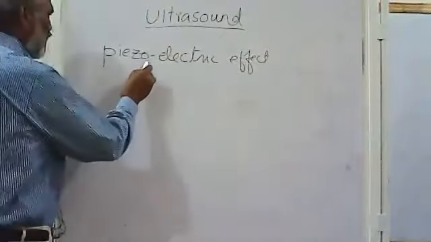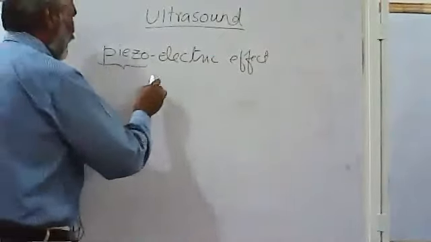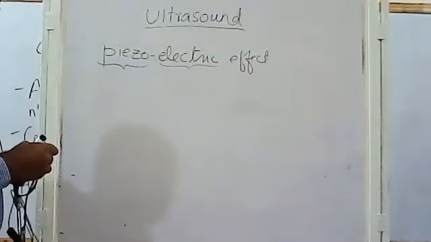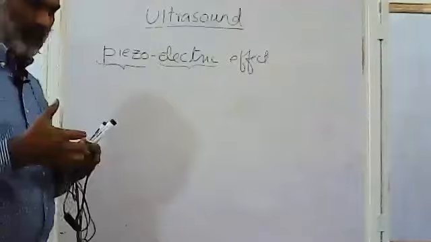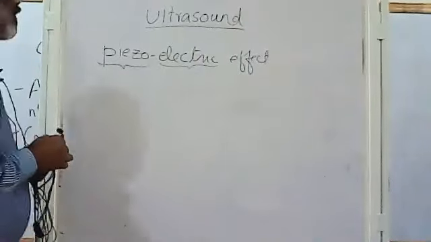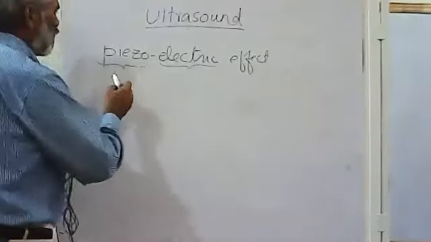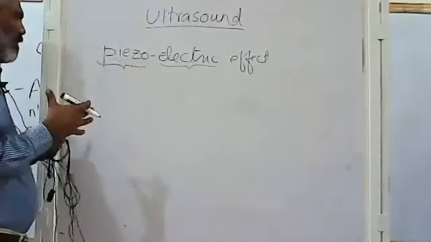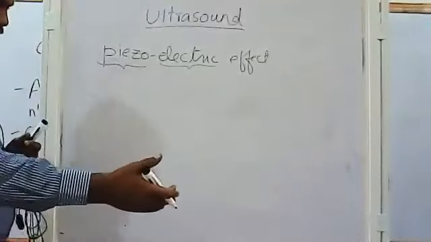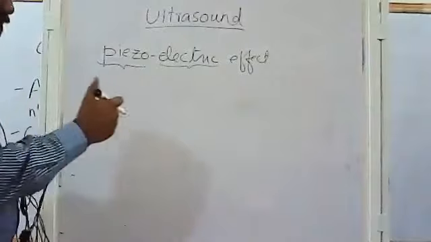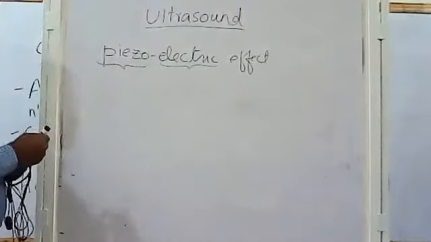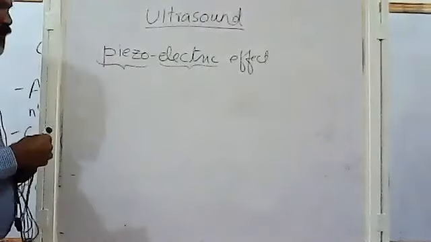Piezo means pressure, and electric is obvious. So piezoelectric means this is a relationship between pressure and current. All those crystals in which by increasing pressure we create current by producing the voltage signal at the two ends of that crystal, that effect is known as the piezoelectric effect.